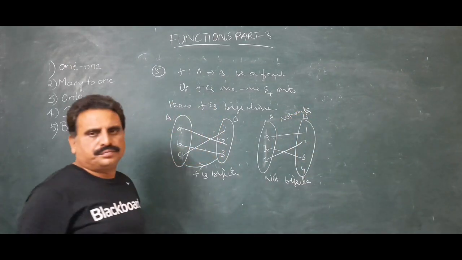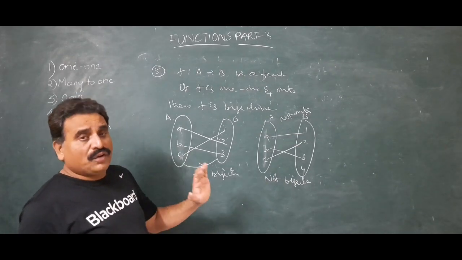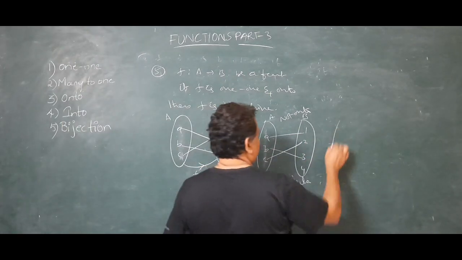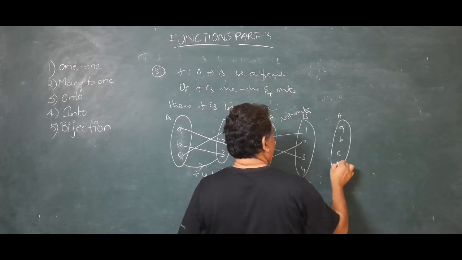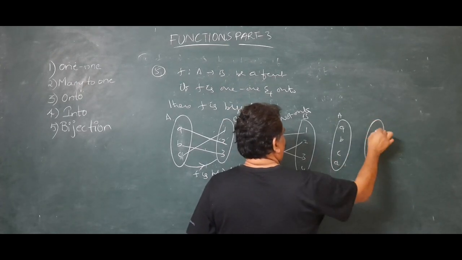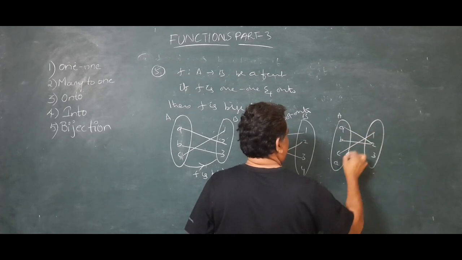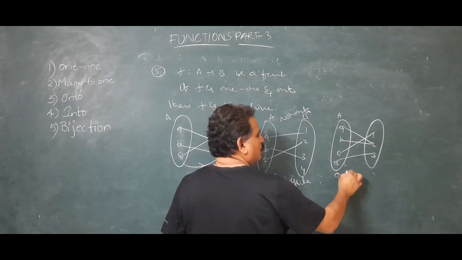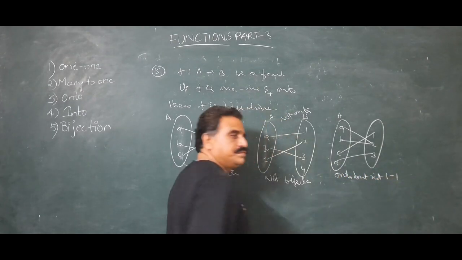Now, let us give one example that is not 1-1 but onto. In that case, A = {a, b, c, d} and B = {1, 2, 3}. It is onto but not 1-1.